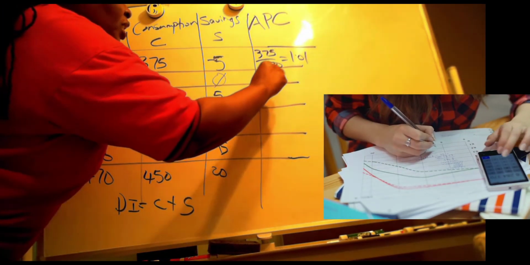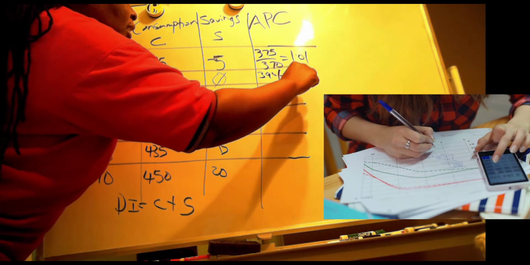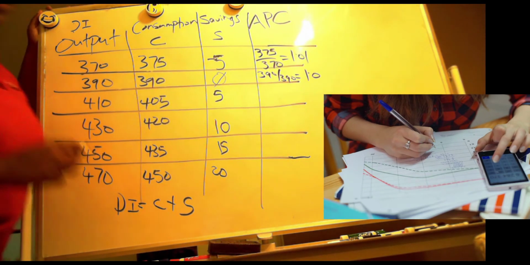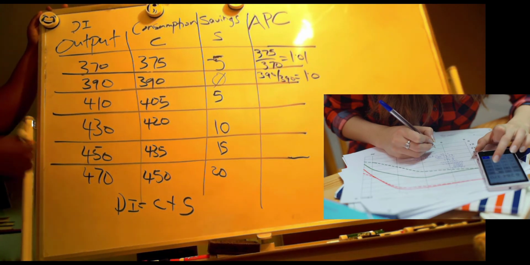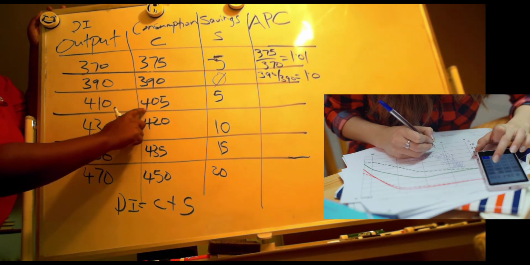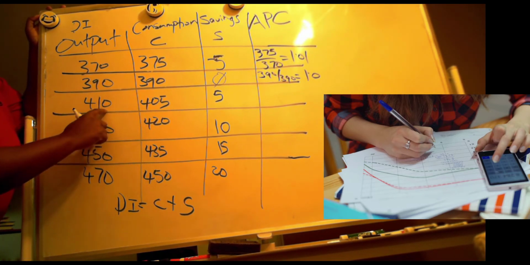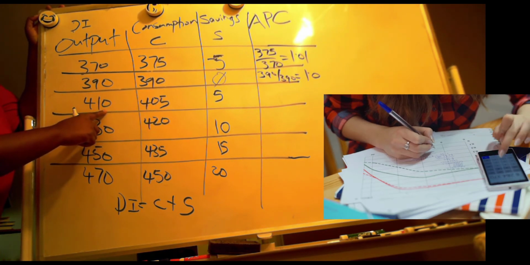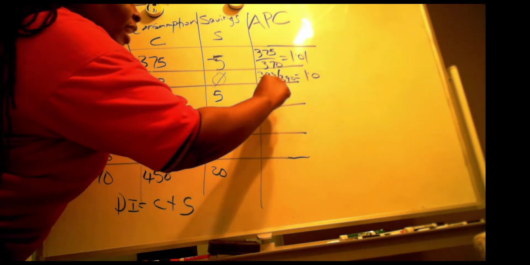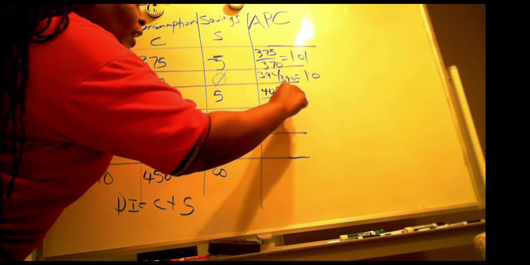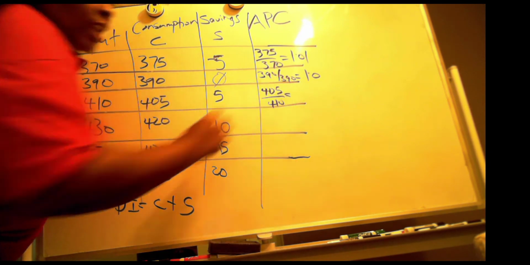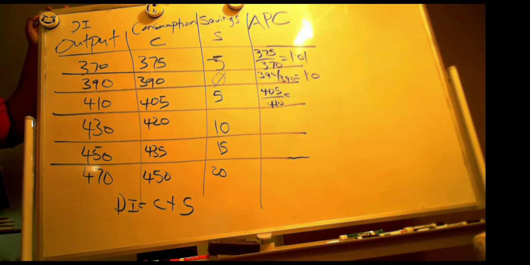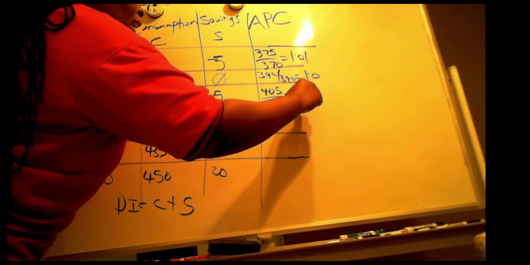Well, 390 over 390, you're consuming all of it. Look at this one. You're consuming 405, but your income is 410. We're not doing all of it anymore. If you want the exact share, it's 405 out of the 410. And that's like 0.99.